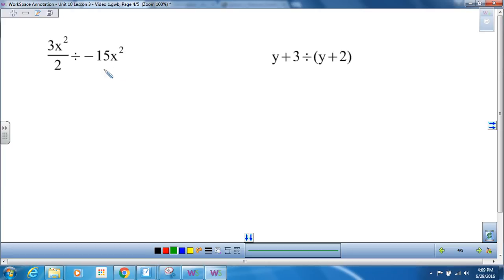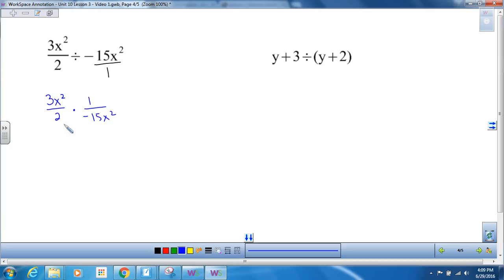Okay, it's a little hard if you don't have a numerator or a denominator, if you're missing a part. But remember, whole numbers are all over 1, so they actually do have a denominator. So I have 3x squared over 2 times 1 over negative 15x squared.